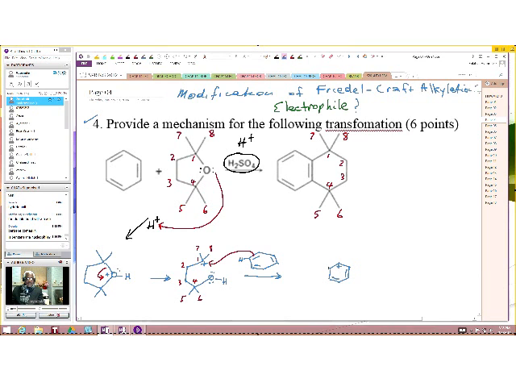The positive charge will be here, and this hydrogen is here, and then we have this here.